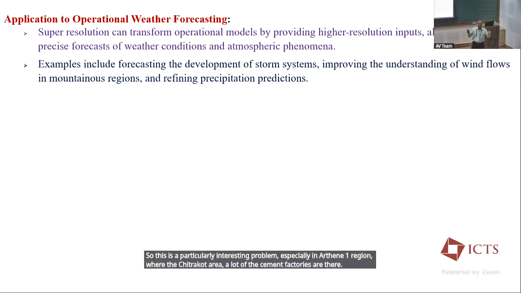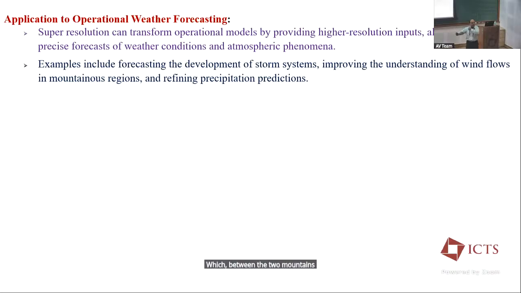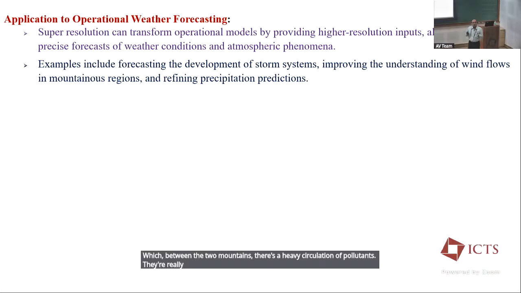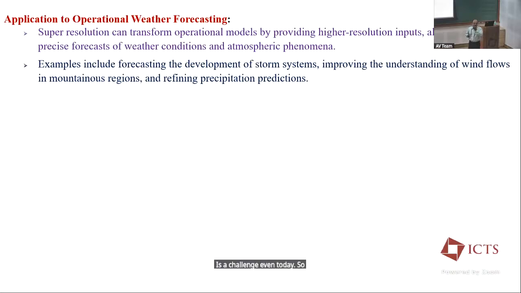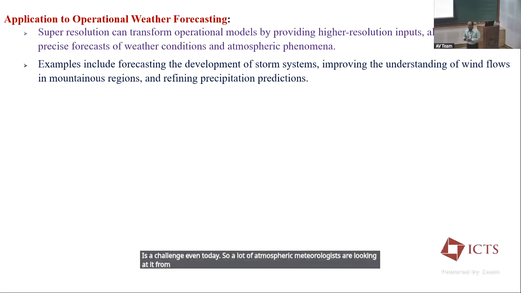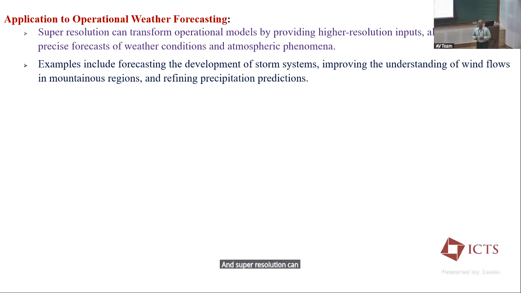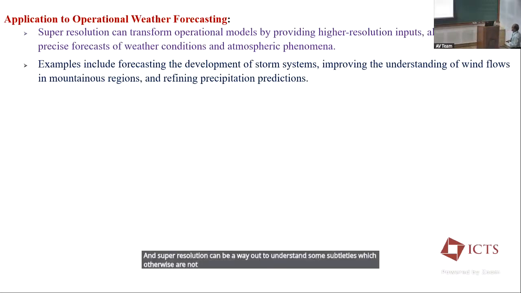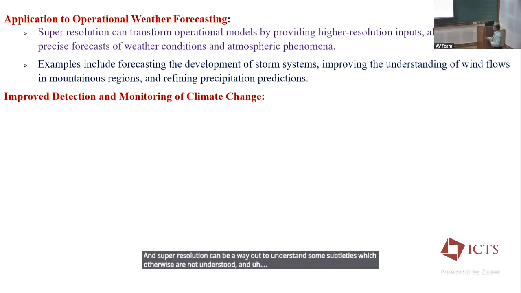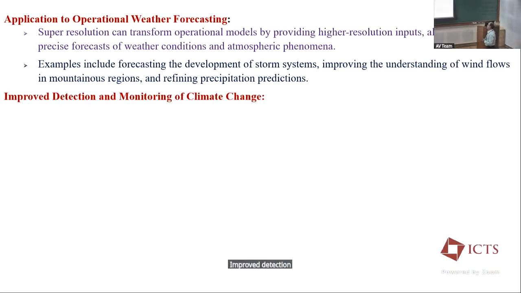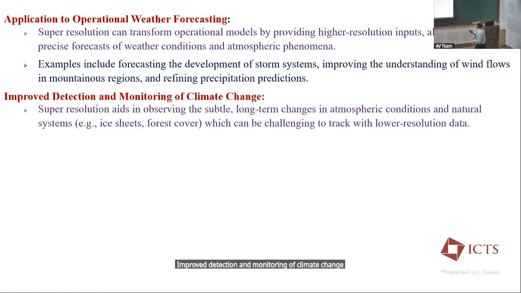There's a region between two mountains with a heavy circulation of pollutants. They're trying to find out the way, and understanding the subtle dynamics of that is a challenge even today. A lot of atmospheric meteorologists are looking at it from different perspectives, and super resolution can be a way out to understand some subtleties which are otherwise not understood. Improved detection and monitoring of climate change definitely requires super resolution.